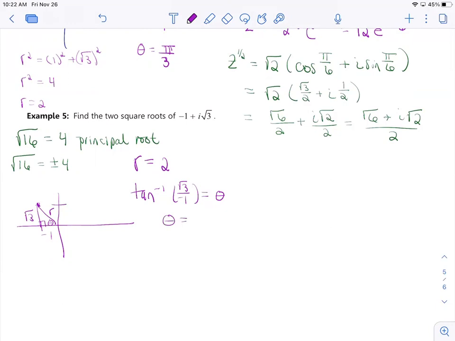So again, knowing that unit circle, okay, and we're going to say it's this angle, because if we use our calculator, it will give us, you know, because inverse tangent is only defined from here to here, but we really want this entire angle. And again, rely on your good old unit circle. Well, where that happens is 2 pi over 3.